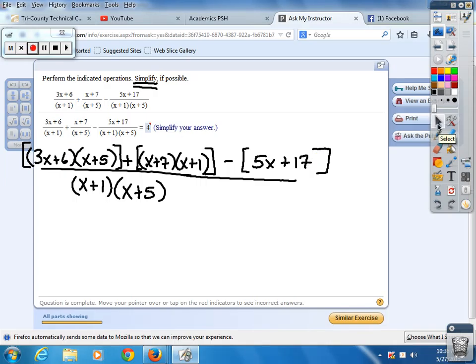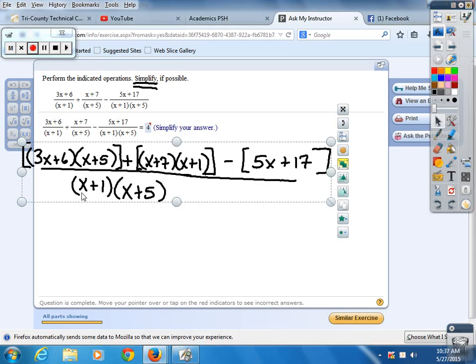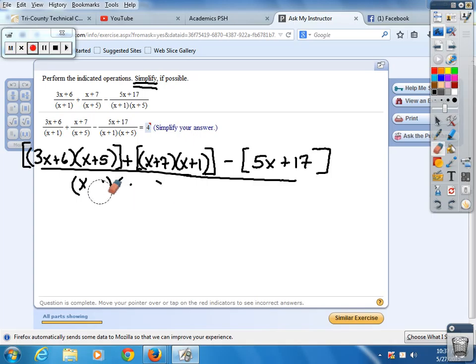Now make sure you understand what I just did, because I don't want you to get confused, because I did put everything over one denominator. And I took out the baby step.